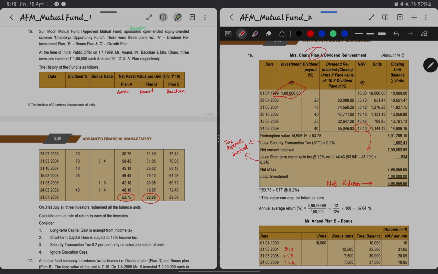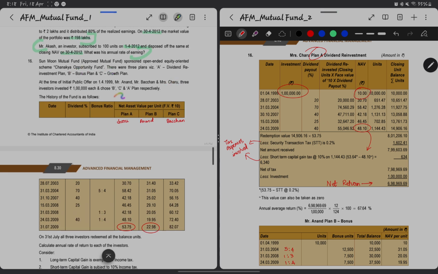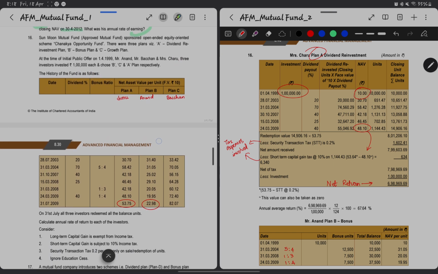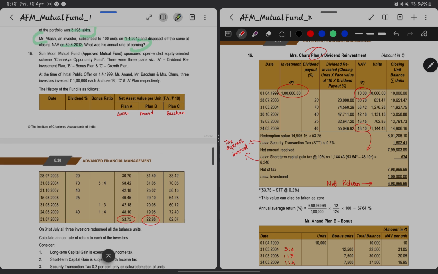Initially the investment was made around 1 lakh on 1/4/1999, and the NAV was 10 as given in the problem, where they have given three investments of 1 lakh each. Yes, face value 10 rupees. So 1 lakh divided by 10 gives us the number of units, which is 10,000.